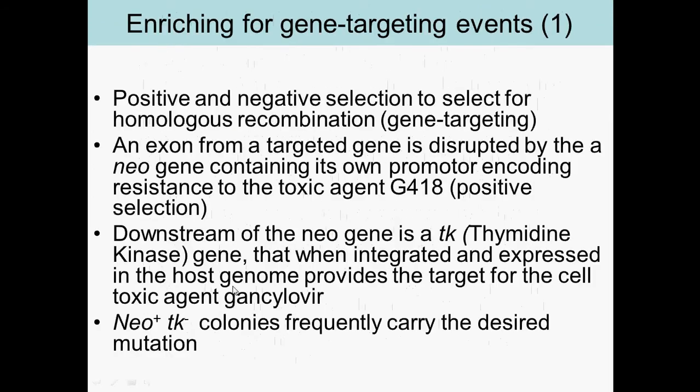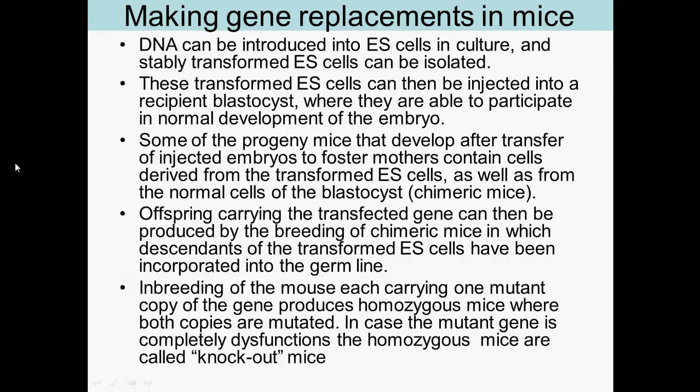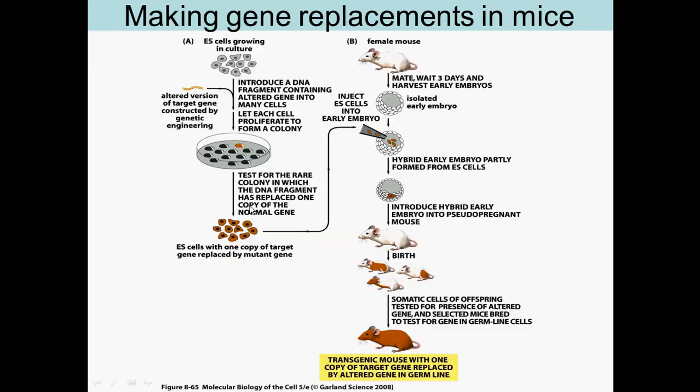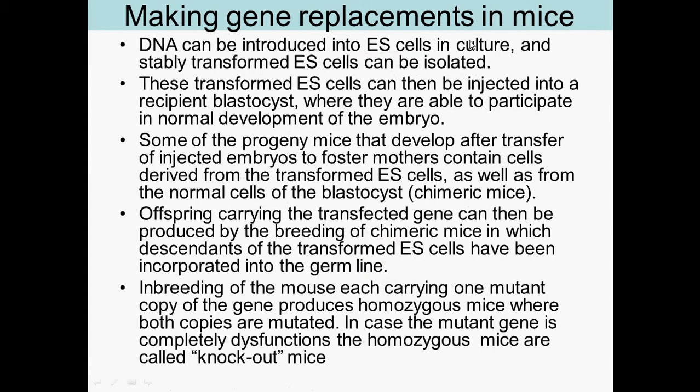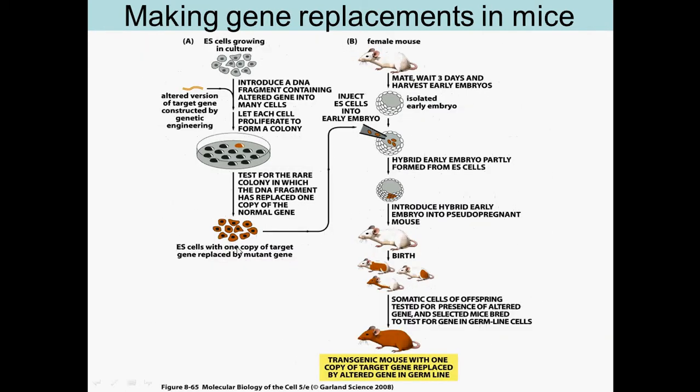So DNA can be introduced into embryonic stem cells in culture, and stably transformed embryonic stem cells can be isolated. So the DNA is being introduced into the embryonic stem cells, and you can isolate them using PCR and then a probe.